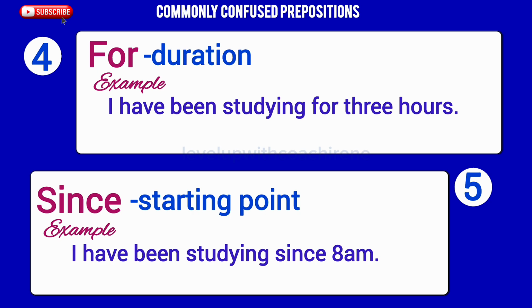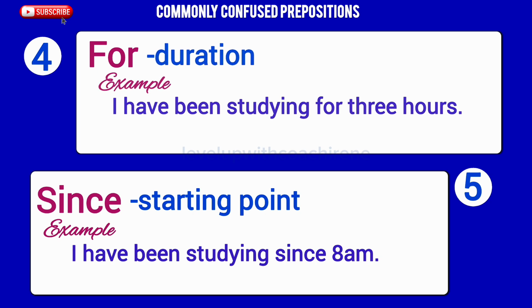For is used for duration. Example, for 3 days, for 1 month. Since talks about the starting point up until now. Since last month. Since last Monday.